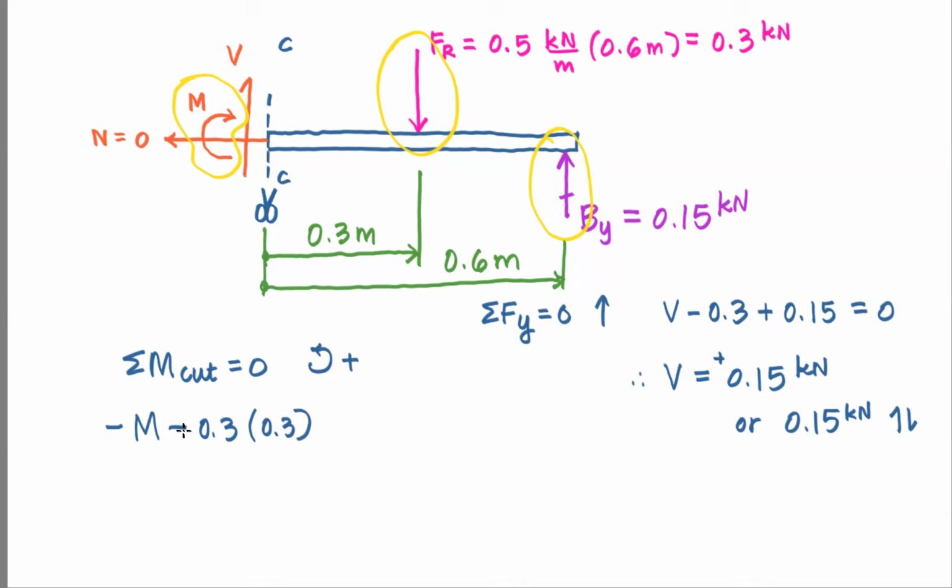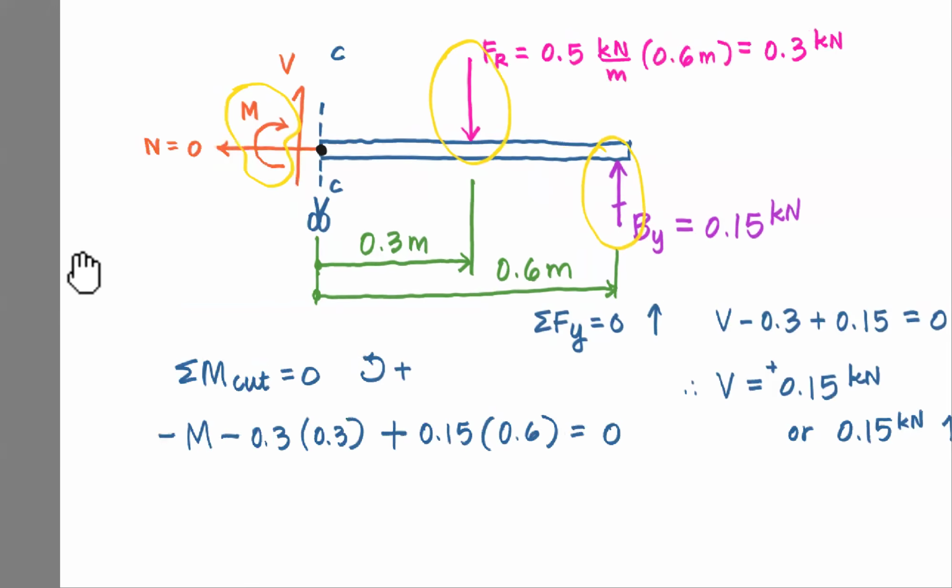That one gets a negative sign, tendency to rotate clockwise about the centroidal axis of the cut plane, that black dot right there. And lastly, our last term, we have 0.15 kilonewtons, moment arm of 0.6. And the sign for that last one is positive, thumbs up.